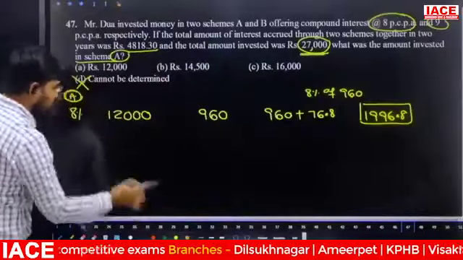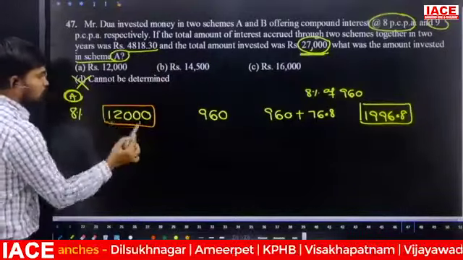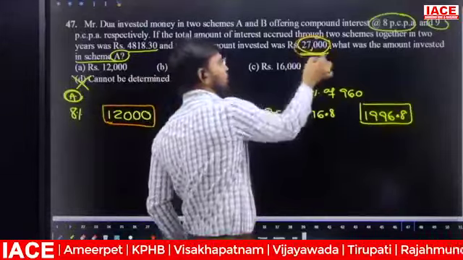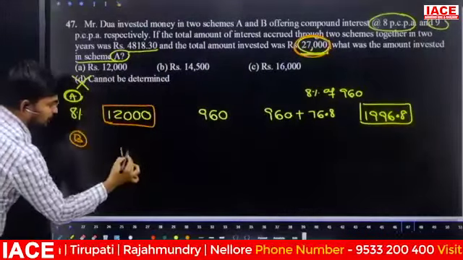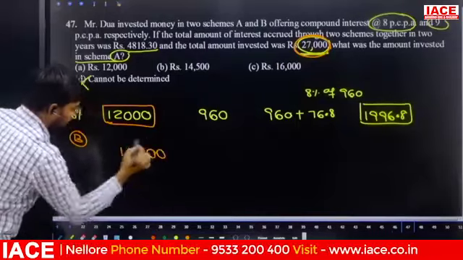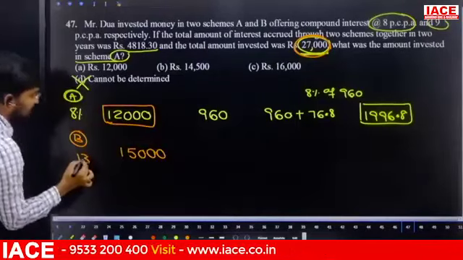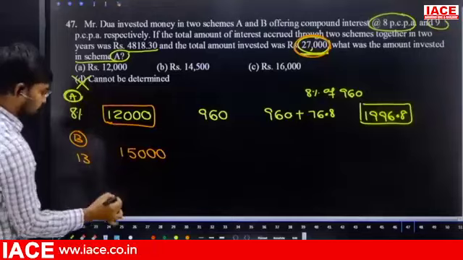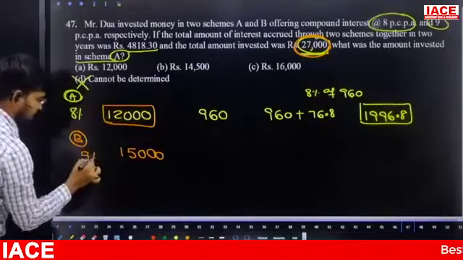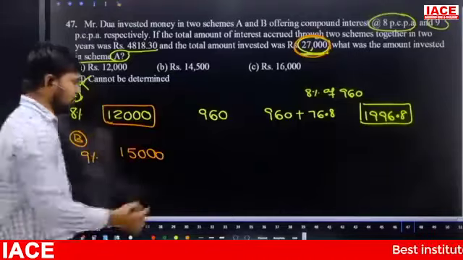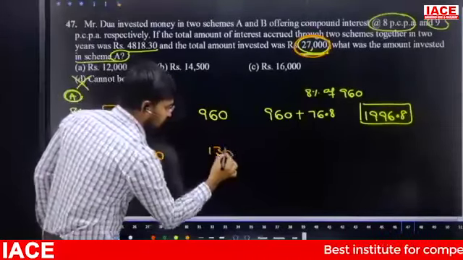Second scheme andi, if first scheme is 12,000, total it is 27,000, then automatically second scheme, Scheme B, is remaining 15,000 na? Rate of interest is 9% na? So first year interest is nothing but 9% on 15,000, 1,350.